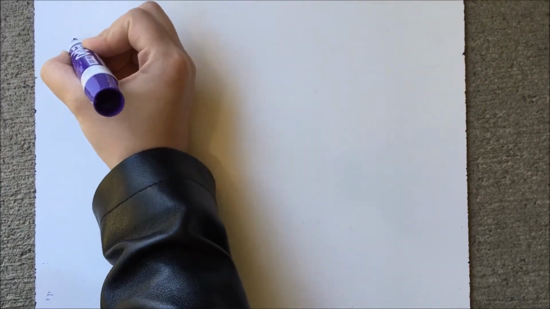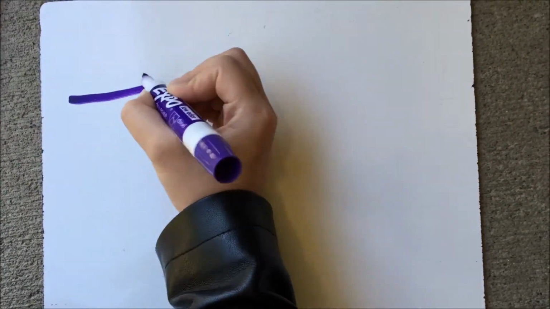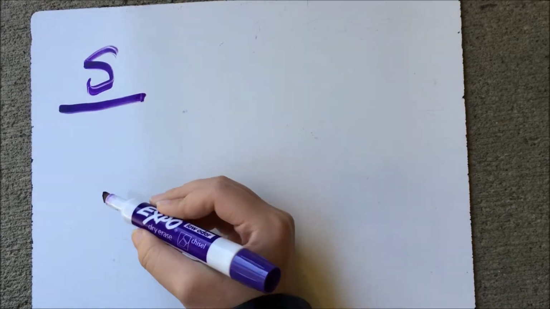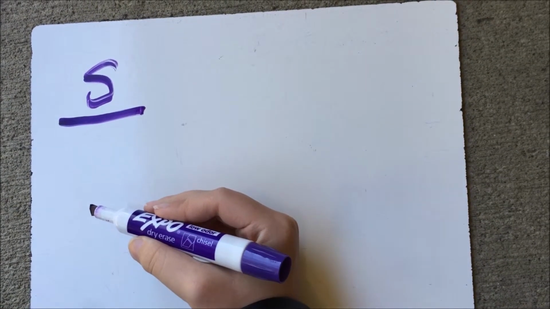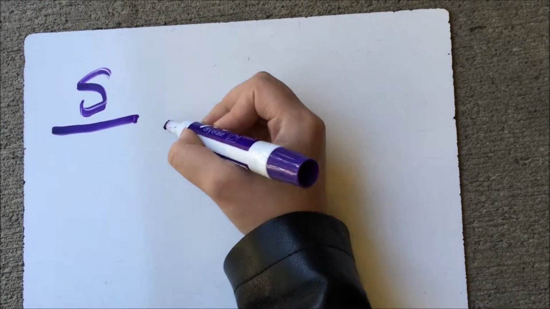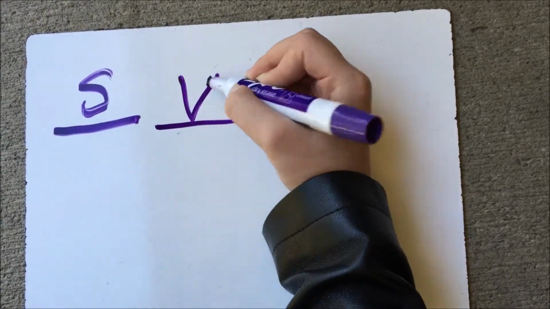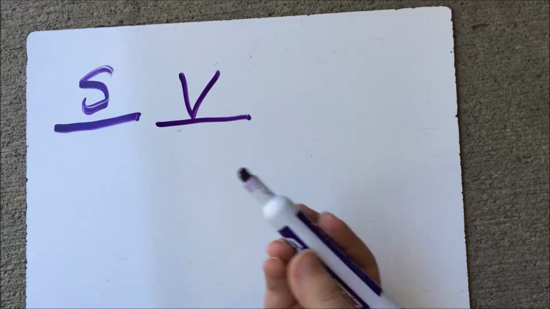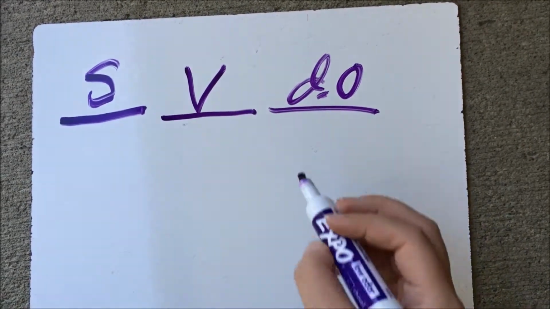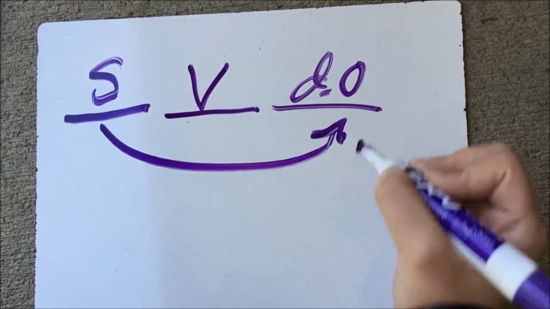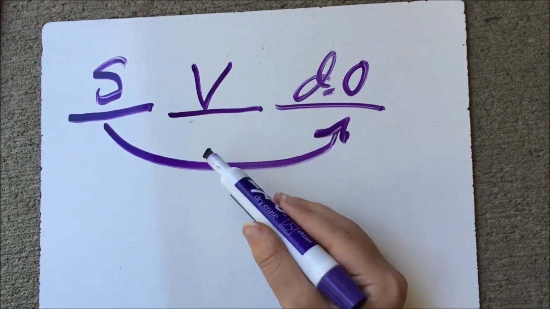Alright, so we are going to go into the word order of reflexive verbs. The first part is you're going to have the subject. That is whoever is doing the thing to themselves. Next you'll have the verb of what is happening. And the direct object, which is connected to the subject because it's reflexive.